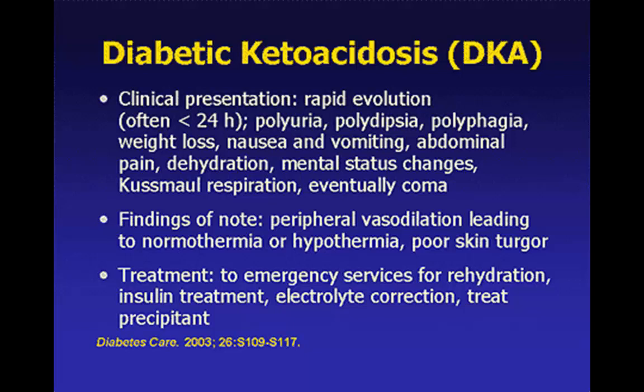Now, patients would have alteration of skin turgor because they're dehydrated, and they could be normothermic or hypothermic, but hyperthermia or fever could also be present. So the treatment you would see is mainly concentrated on fluid replacement and electrolyte correction.